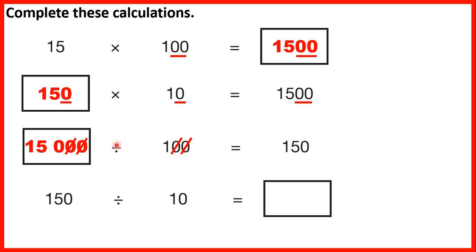Also remember, division problems can be read backwards as multiplication problems, and 150 times 100 is 15,000 because we can multiply by 100 by putting 2 extra zeros on the end. And finally, 150 divided by 10 is 15, because we can cancel an end 0, and 15 divided by 1 is 15.